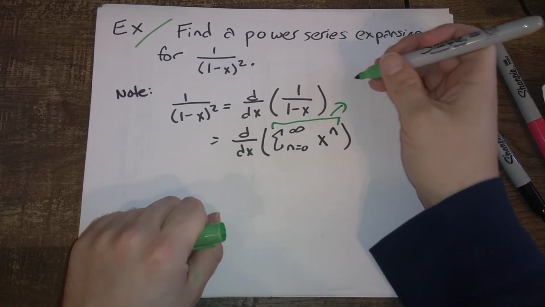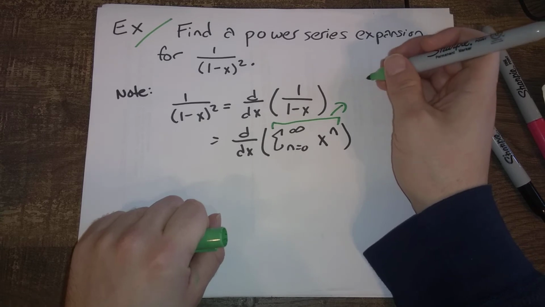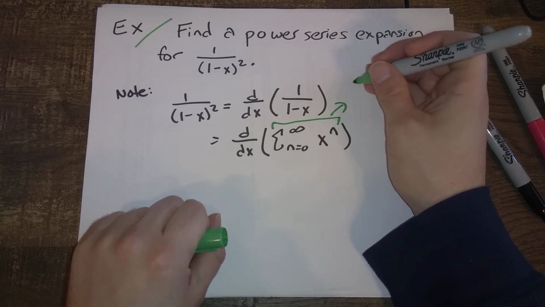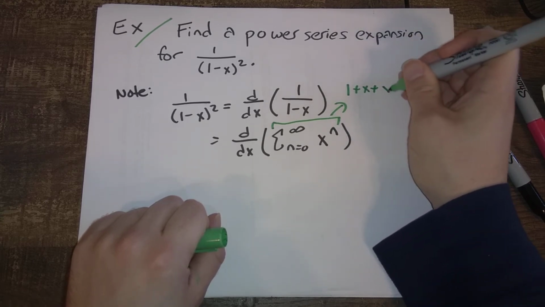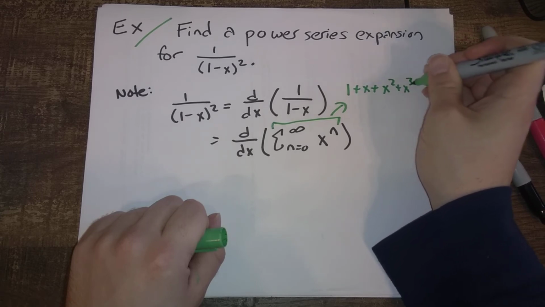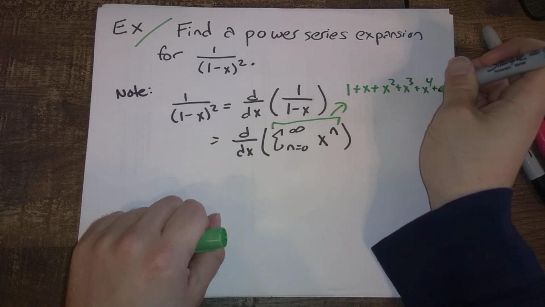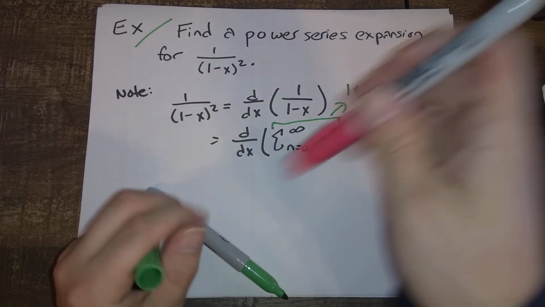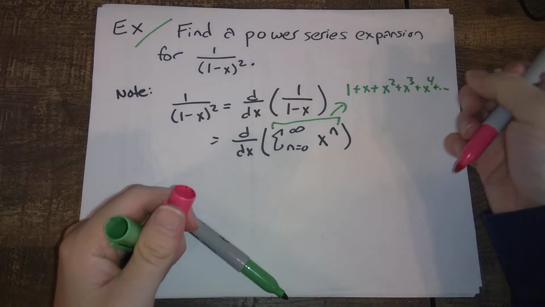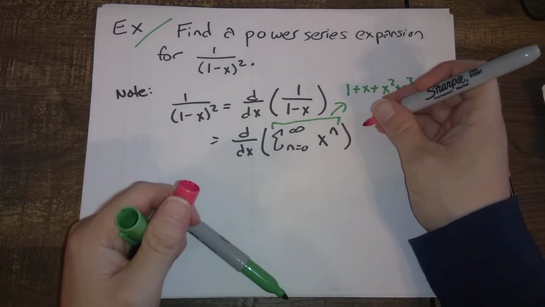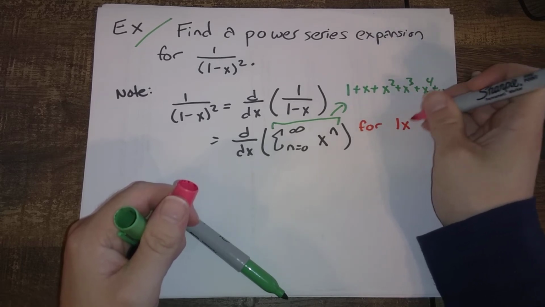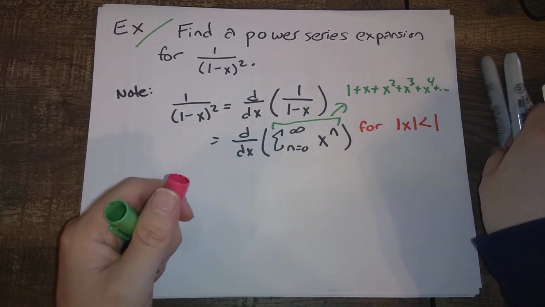This is our simplest geometric series: 1 plus x plus x squared plus x cubed plus x to the 4th. And we should note when we're writing down our power series expansion, we should be noting what the radius and interval of convergence is.